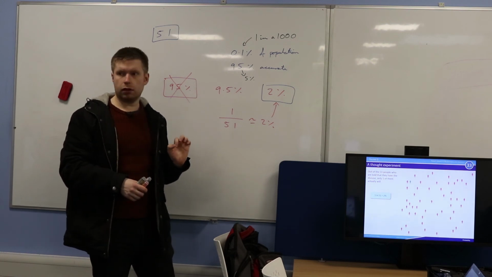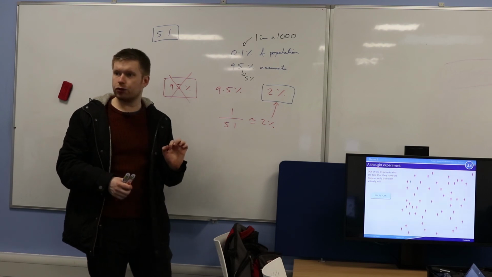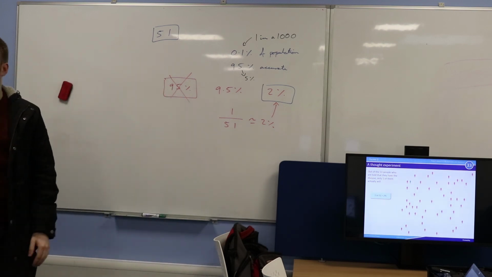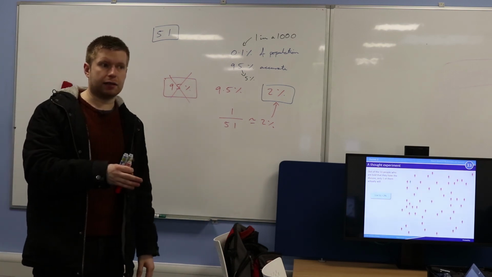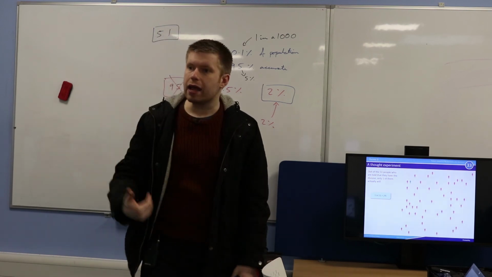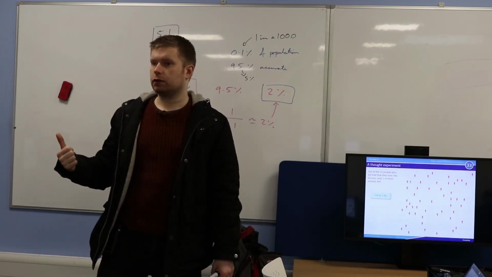Which is weird, isn't it? It's completely counterintuitive, but I've just taught you the logic behind it, and it makes perfect sense. This is the idea of Bayesian statistics. It's a way of updating your current beliefs based on your previous beliefs. Is that okay?